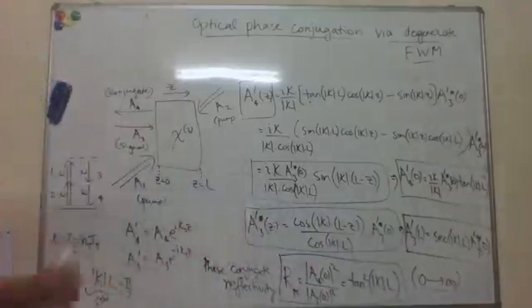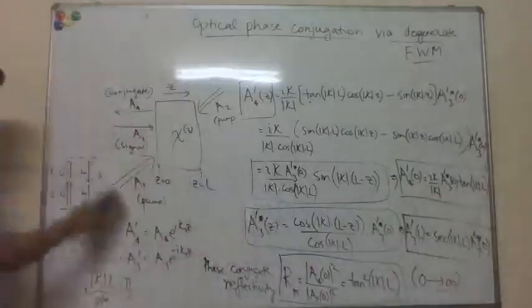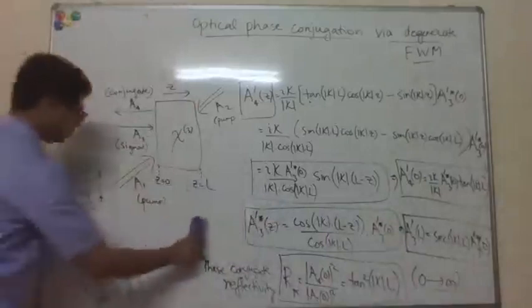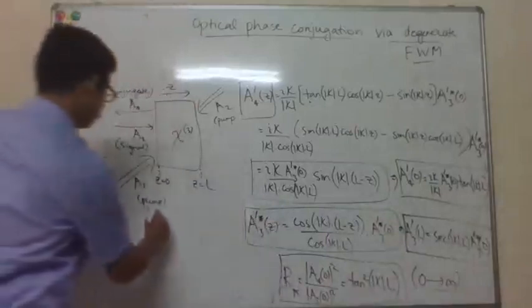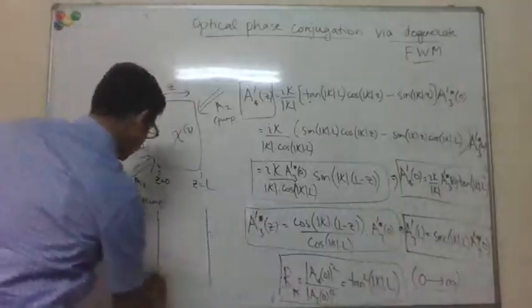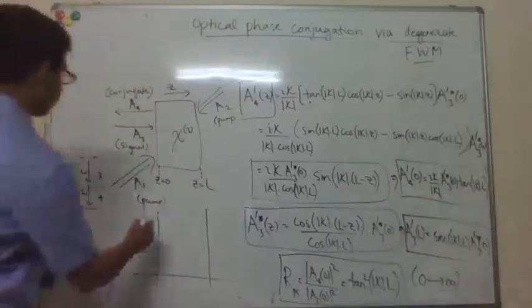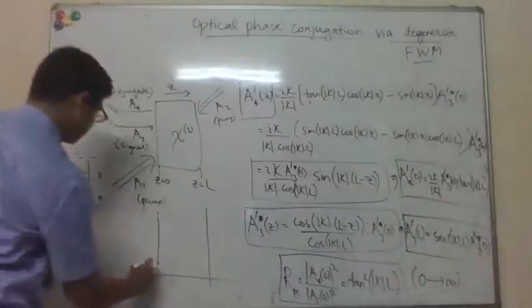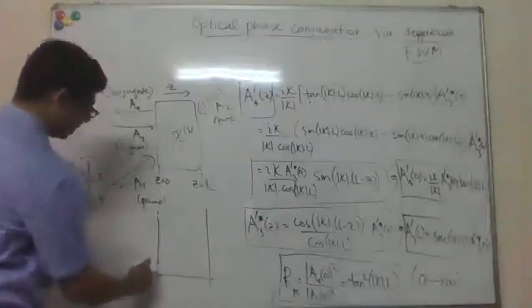Okay, if I graphically try to see what is happening inside the medium, my input signal starts from some input value I give.